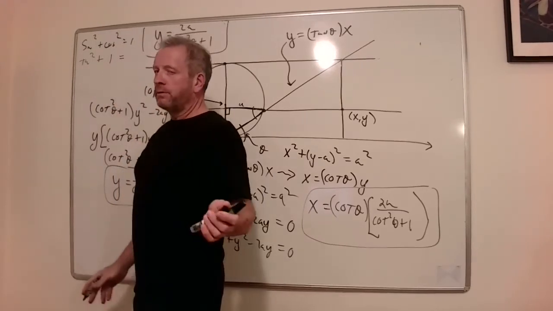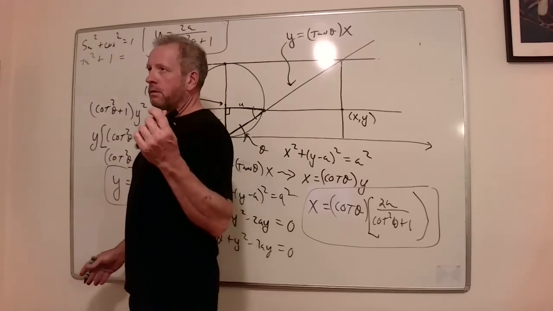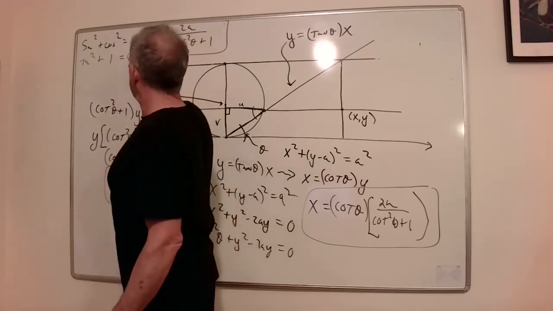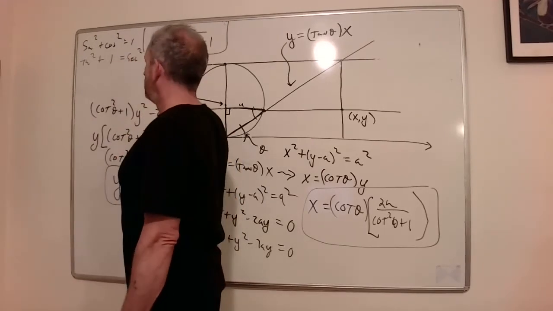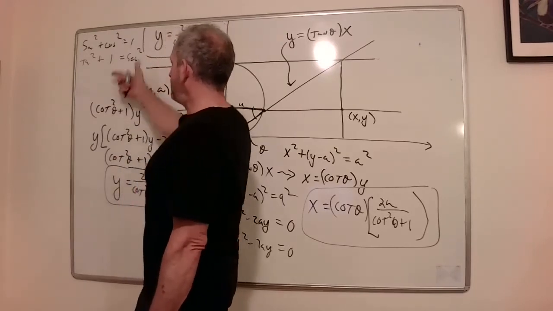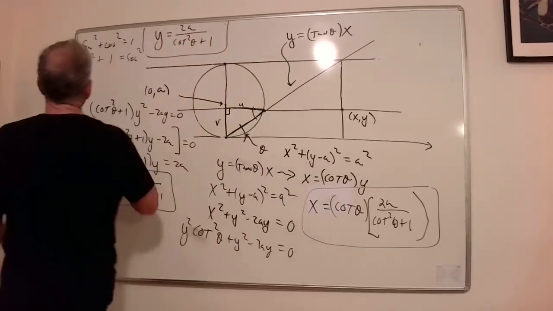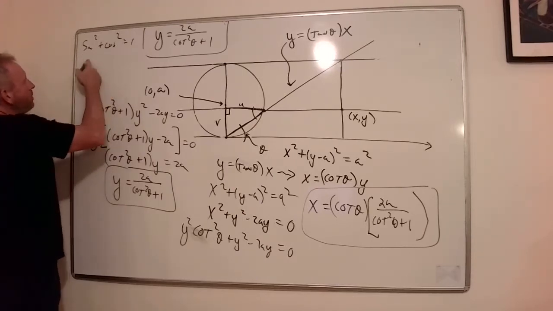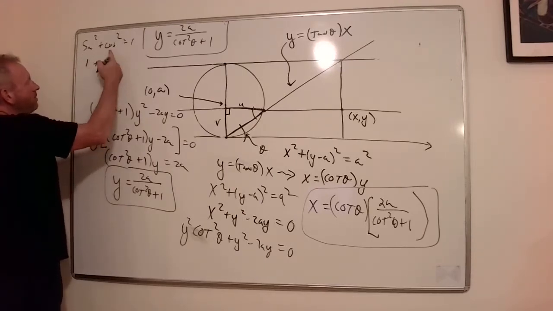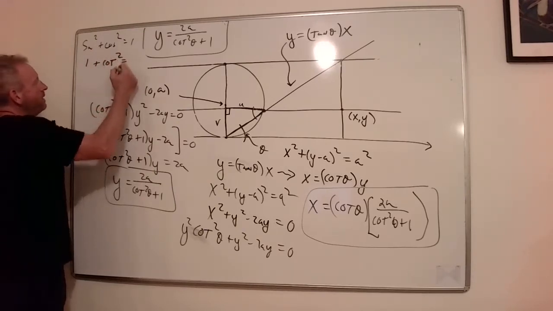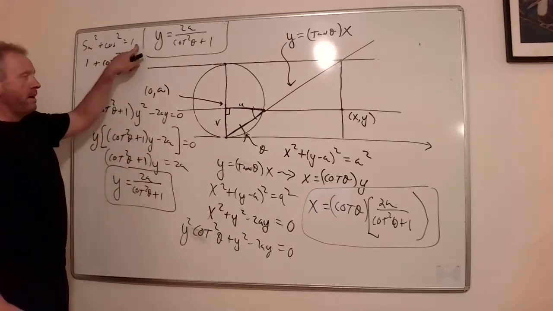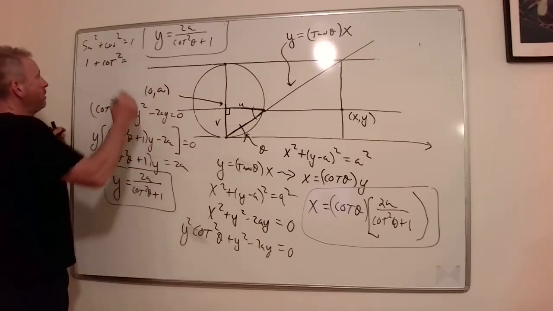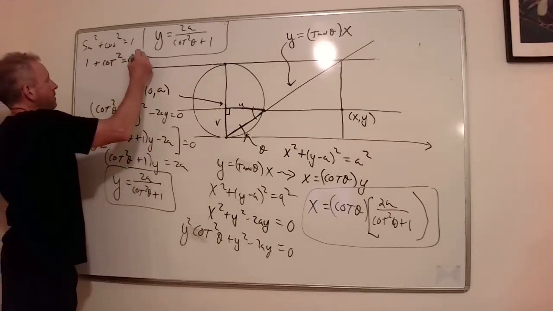What's the reciprocal of cosine? Secant. So secant squared. Oh, hey, let's just go ahead and do it. Let's divide both sides by sine squared. What do you get? 1 plus, what's cosine divided by sine? Cotangent squared equals, what's the reciprocal of sine? 1 divided by sine is cosecant squared.